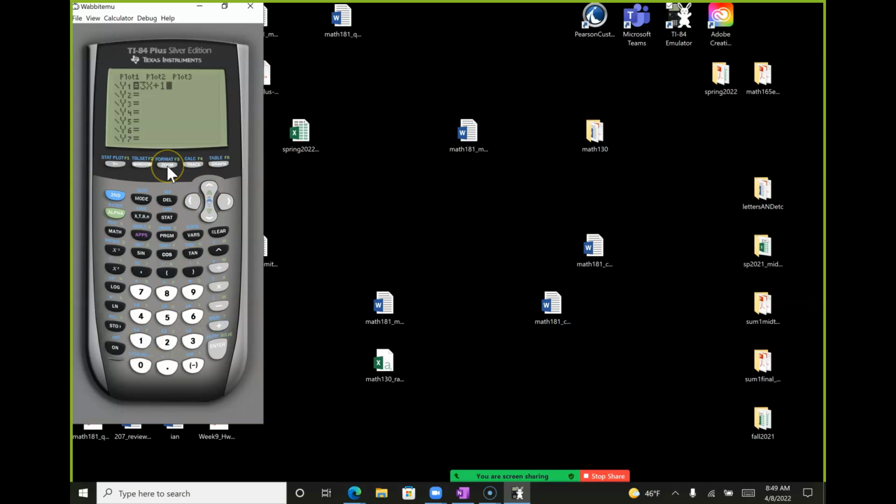I want to make sure I zoom standard and can see the graph. I need to be able to see the x scale from 2 to 5.